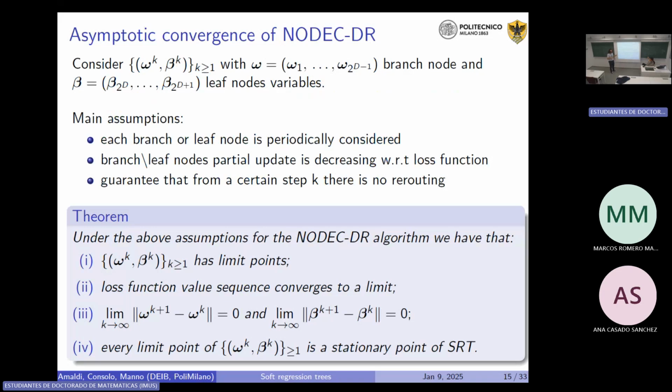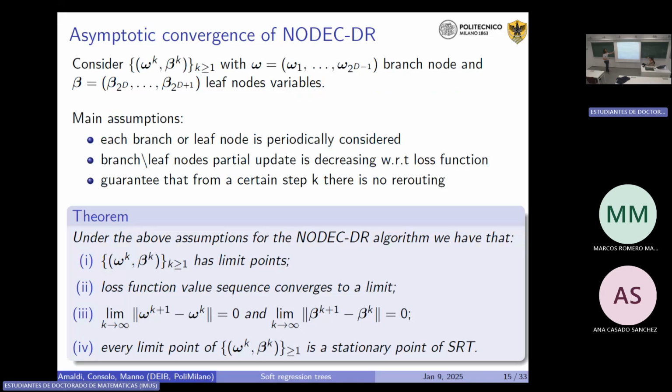The idea is that under mild assumptions, that is, you have to be sure that you periodically consider the branch and leaf node variables, that the partial updates of the omega and beta variables will decrease the loss function. So you can guarantee that the step length of your line search method is such that it will decrease.